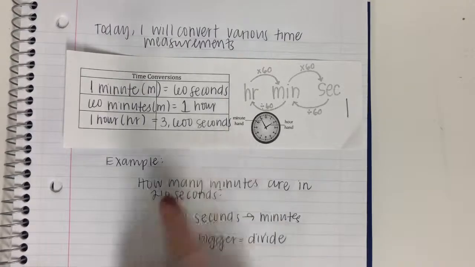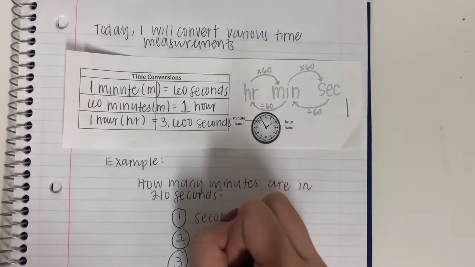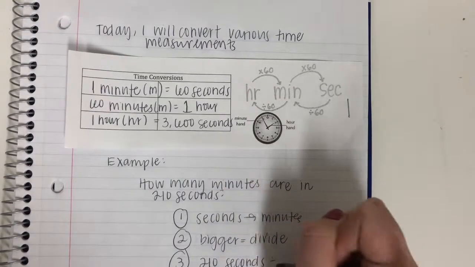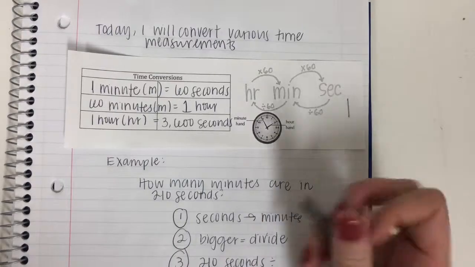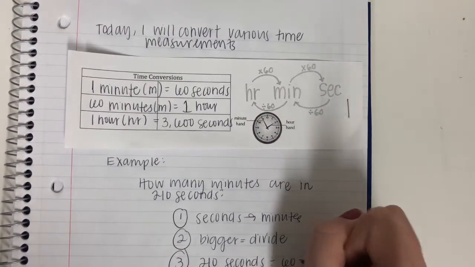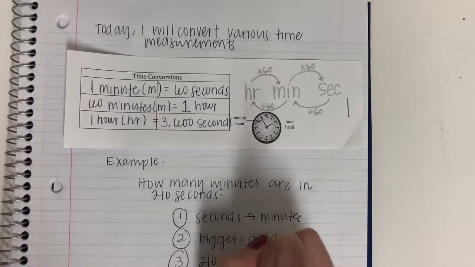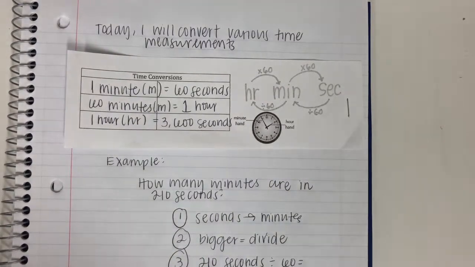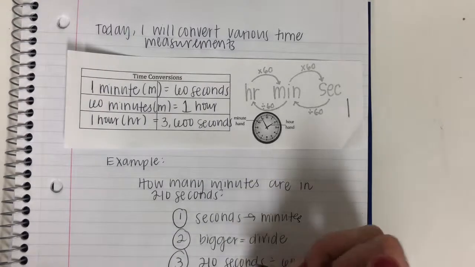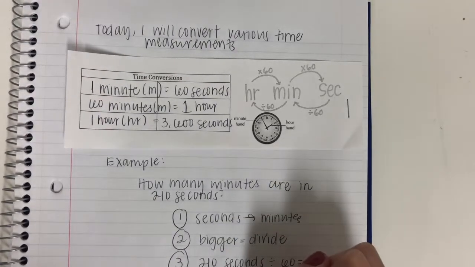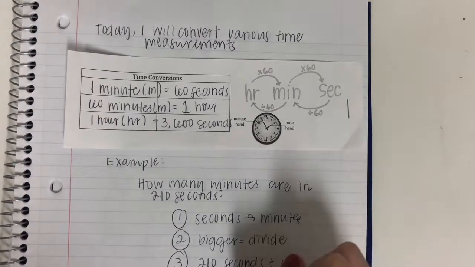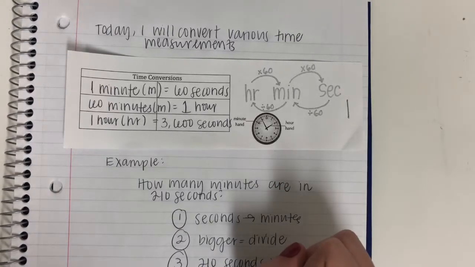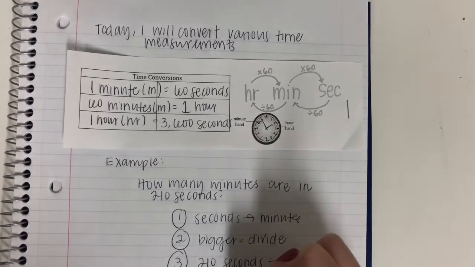So I'm going to take what they gave me, so 210 seconds, divided by, and then what is my conversion rate is 60. So I'm going to do 60 divided by 210. So I'm going to get rid of my zeros. 6 can go into 2 no times. 6 can go into 21 3 times, which gives me 18.